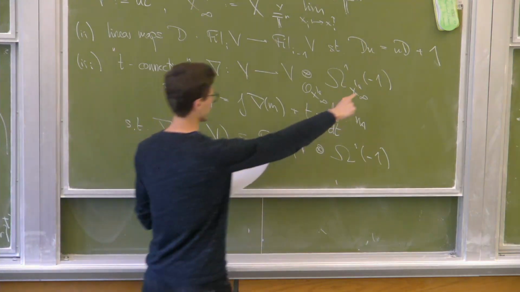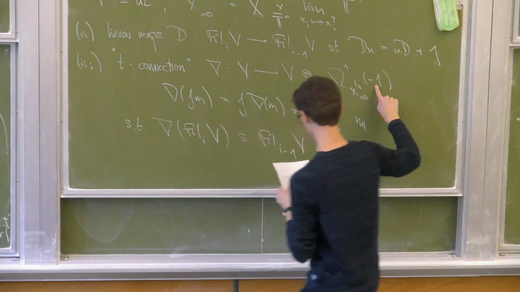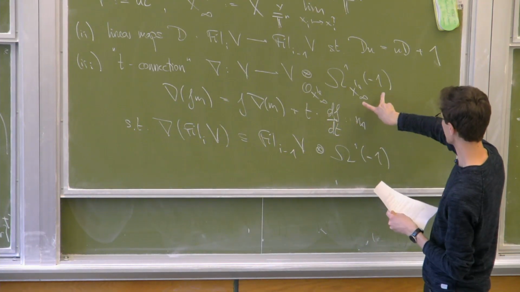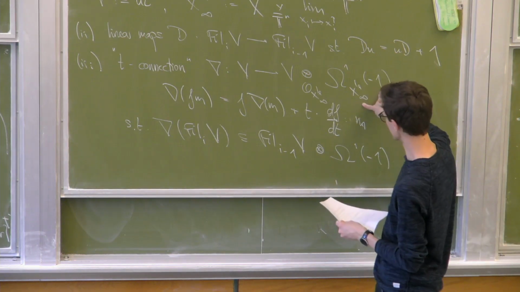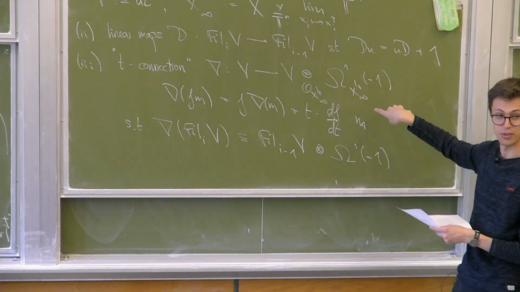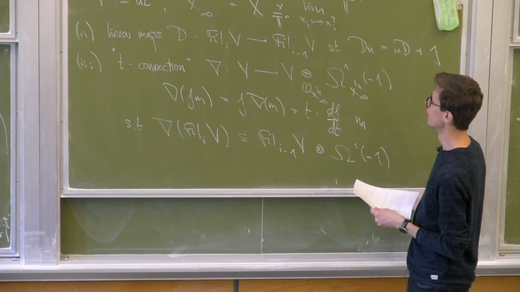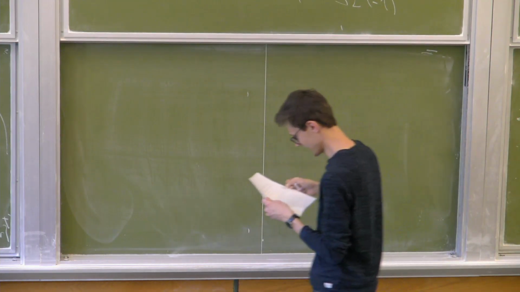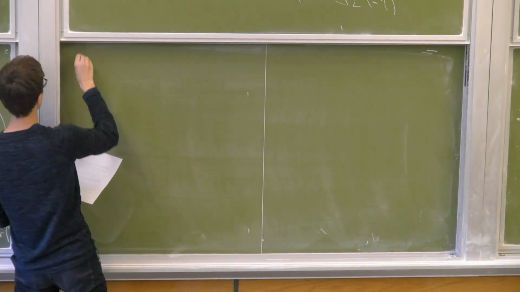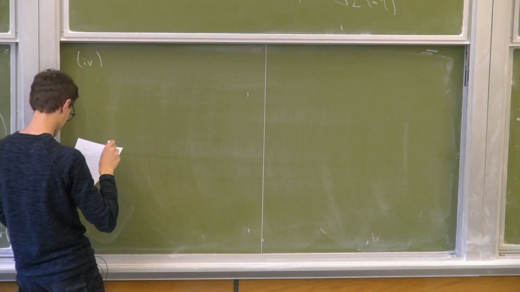And right, this twist by minus 1 indicates that Z_p cross acts on this thing by division. And if you do this twist, then this map is supposed to be Z_p cross equivariant. All right. So we're almost done.